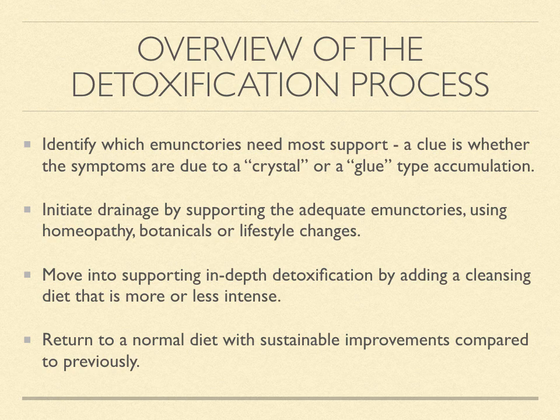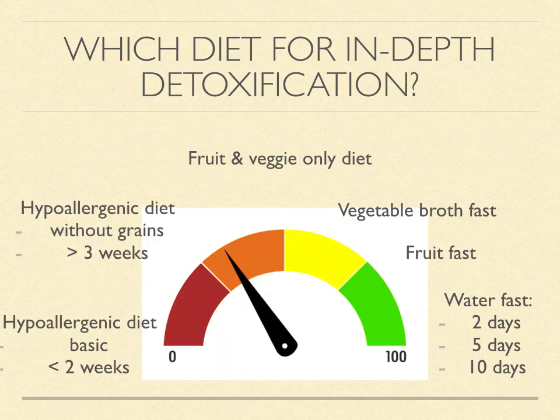This is supposed to be a diet that is limited in time, and so once the person is doing better, you would gradually ease them into a more normal diet, although you'd hope that they would keep certain healthier aspects of their diet looking forward to prevent further illness. So how do you choose the diet for an in-depth detoxification plan?